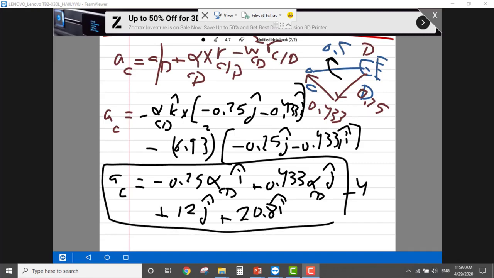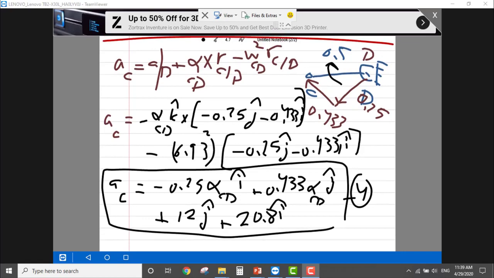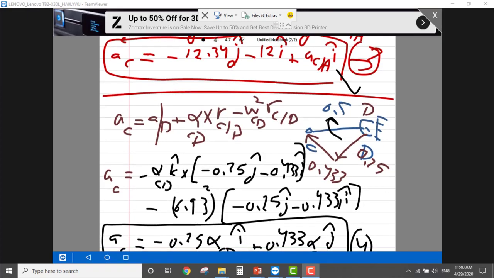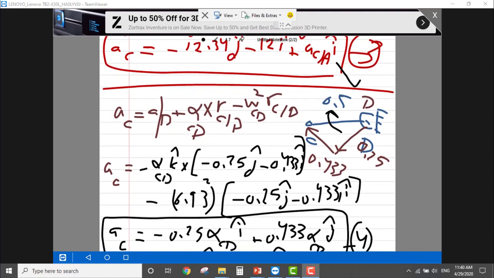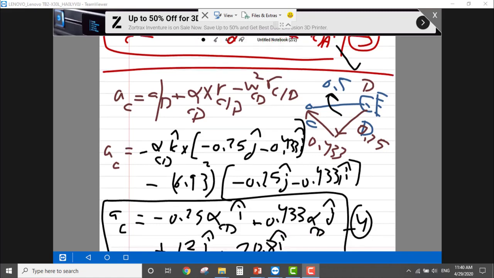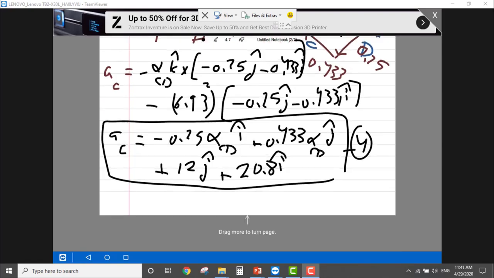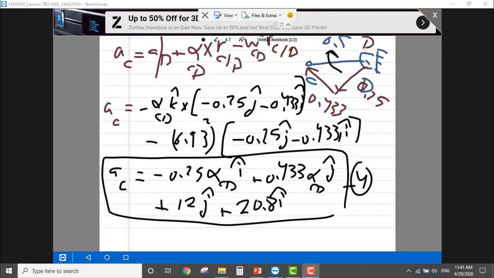Now I will say that equation 3 equals equation 4. It seems that we have no space here, so I'll move to a new page.